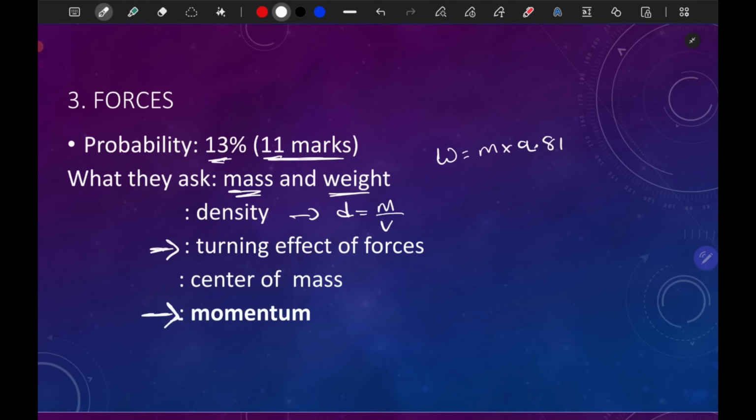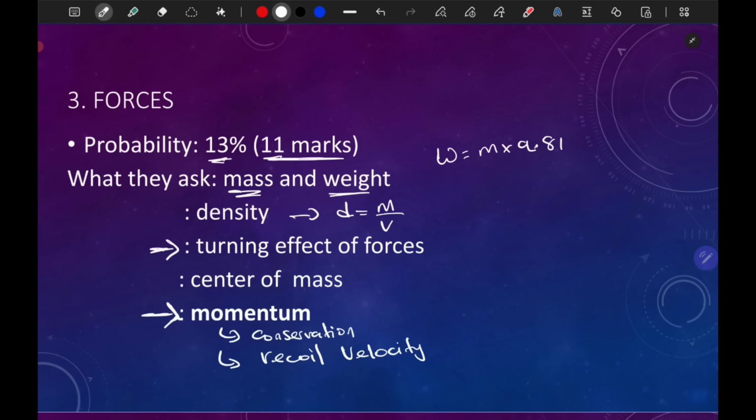So make sure you understand conservation of momentum, and also make sure you understand the reason behind recoil velocity, because I've seen a 4-mark question recently on this specific topic, recoil velocity.